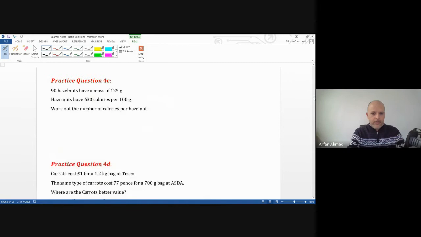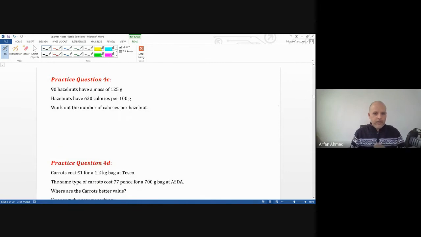Yep. Next one. 90 hazelnuts have a mass of 125 grams. Hazelnuts have 630 calories per 100 grams. Work out the number of calories per hazelnut. Oh, it's a bit of a weird one. Okay, well, 90 hazelnuts represents 125 grams.